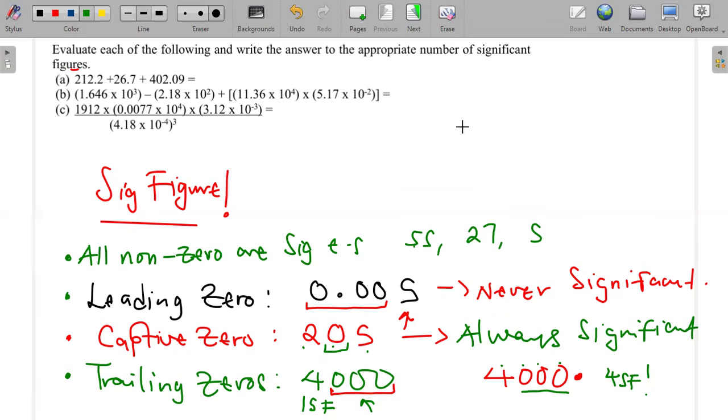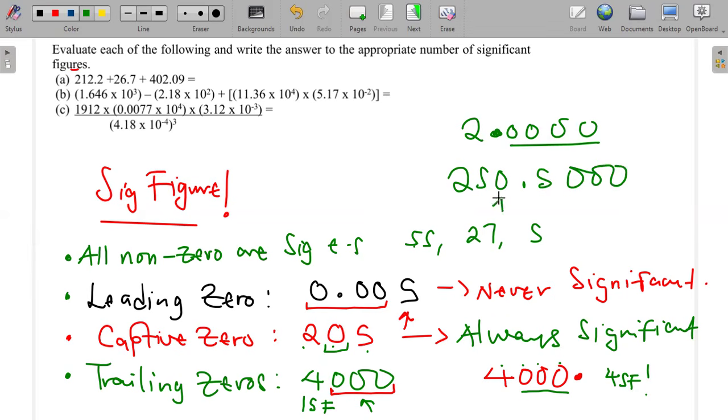So it can also be in this form, right? Maybe 2.0000. So as long as there's a decimal point and trailing zeros are part of that number, we're going to count the trailing zeros as what? As significant. Okay, it can also be 2, 5, 0, and then point, 5, and then 0, 0. Okay, so this is an in-between zero because it's between, so it's significant.